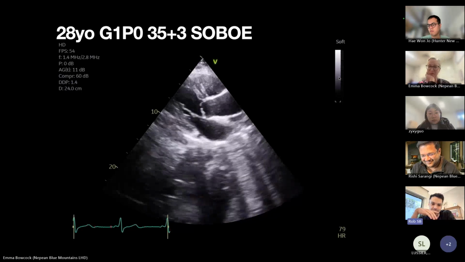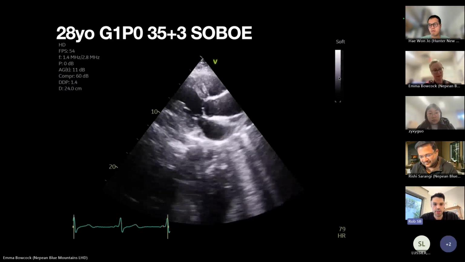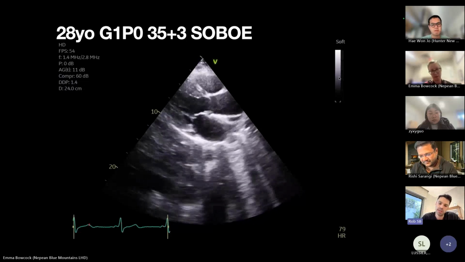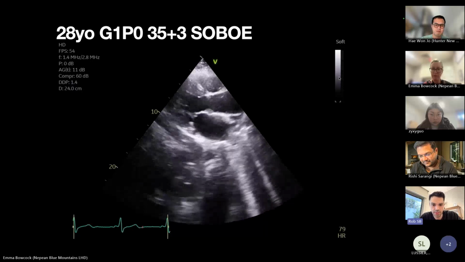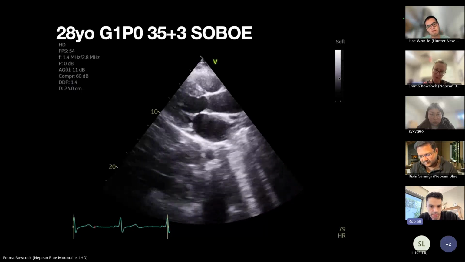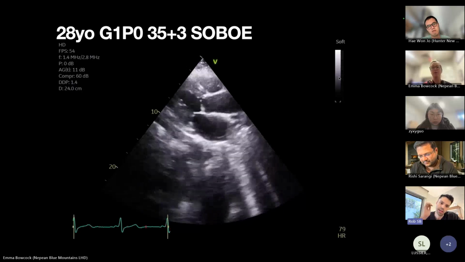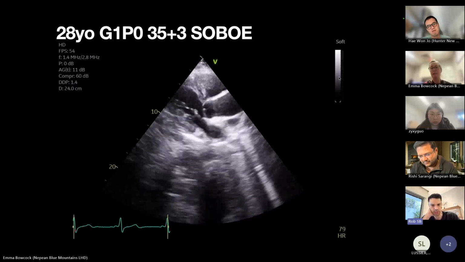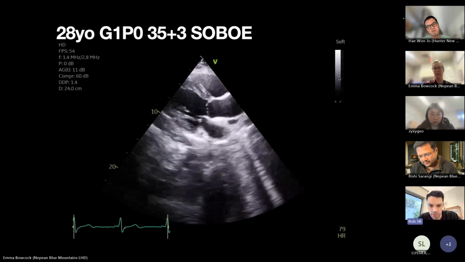All right. So this is a deep parasternal long axis view. To the right of the image, you can see evidence of some B lines suggestive of congestion. Looking at the ventricle, the anterior septal and inferior lateral walls of the LV appear to be normal in function so far.